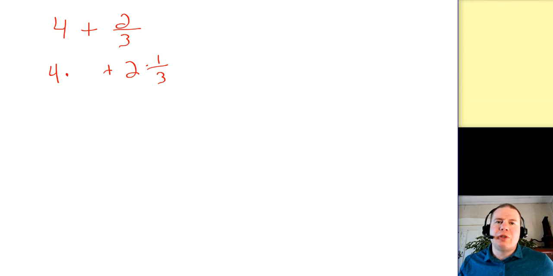So how do we deal with that? We multiply by 1. What's 3 divided by 3? 1. So 4 times 3, there's 12. What are my units here? Thirds. This is 12 thirds, this is 2 thirds.